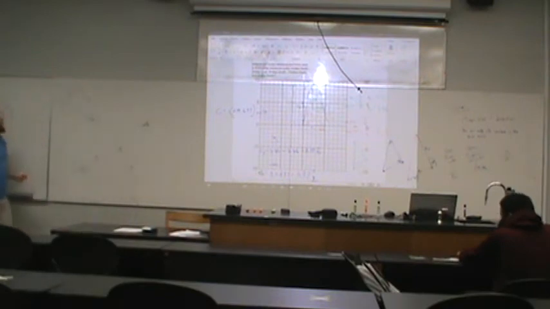So I'm calling that B and negative A. And graphically, they would add together to form this purple line.